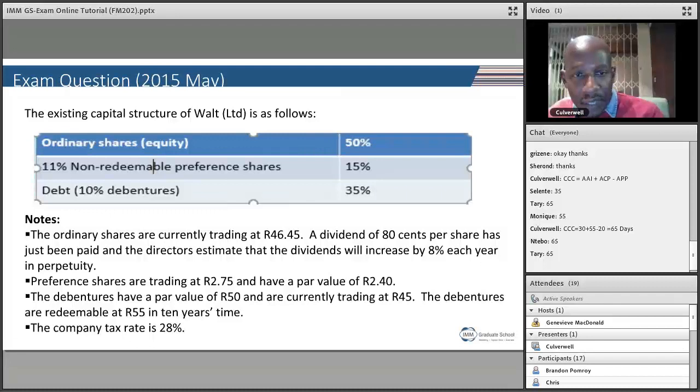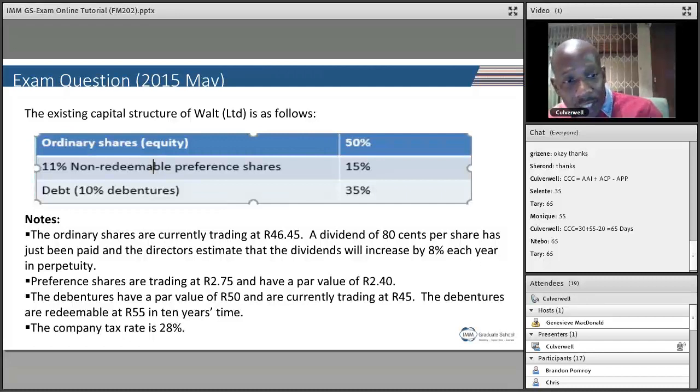Remember, we said these dividends are growing at 8%. So you need to use the formula that says Ke is equal to D0 (1 + g) divided by P0 plus g. When you're calculating cost of ordinary shares, use the formula on page 345, which they'll give you in the exam.